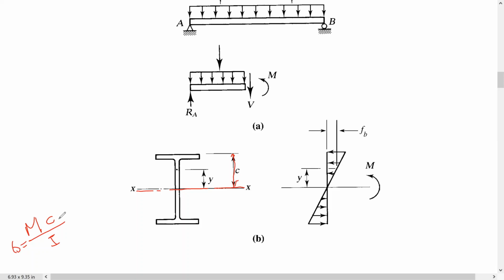So yeah, this is the distance from the neutral axis, because the neutral axis here is going to be similar to here, because this is a symmetrical shape. So the neutral axis will pass through XX here. So this is going to be from the neutral axis to the maximum or the extreme fiber, okay?